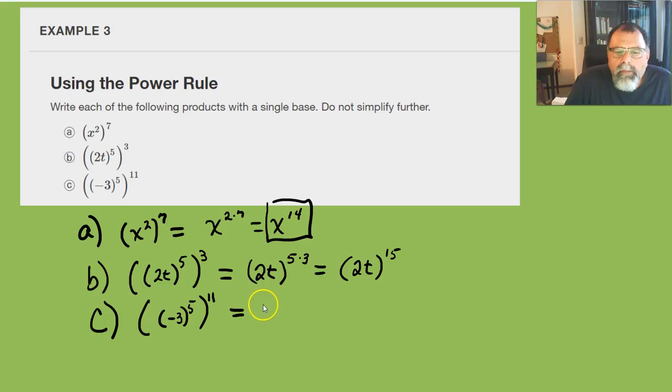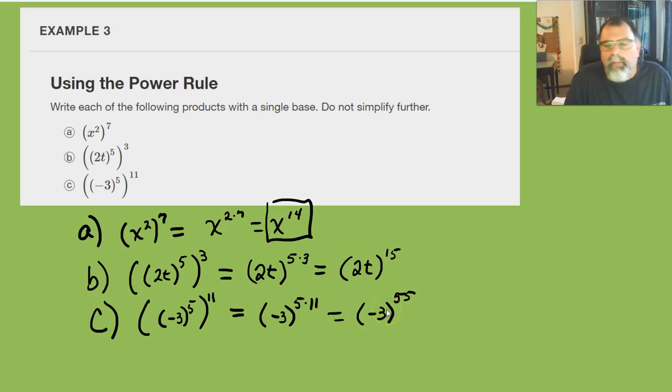On this one, we've got negative 3, power to a power, so 5 times 11, which is 55. And again, from that discussion we had earlier, you need the parentheses around the negative 3. Even though this is to an odd power, you can actually drop those parentheses because it'll give you the same result. But for right now, we're going to need it.